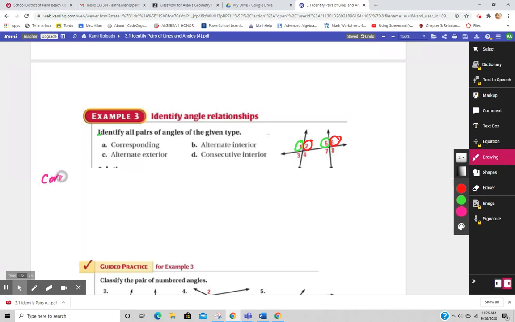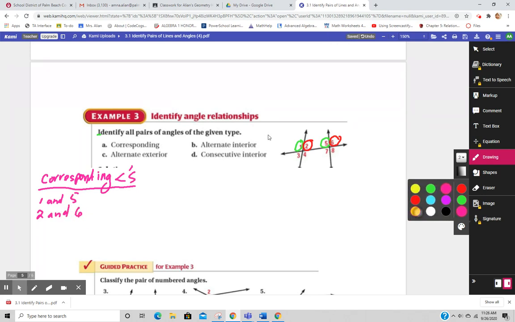Corresponding angles: that would be 1 and 5, 2 and 6, 3 and 7, and 4 and 8.